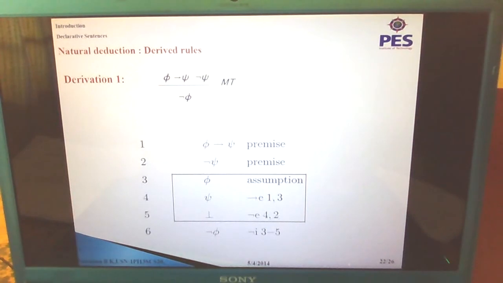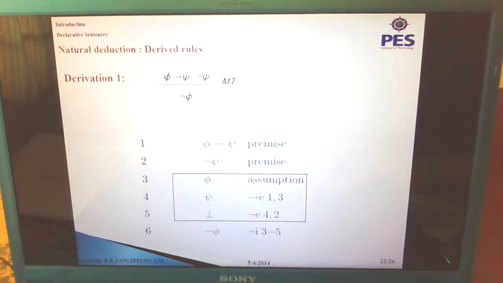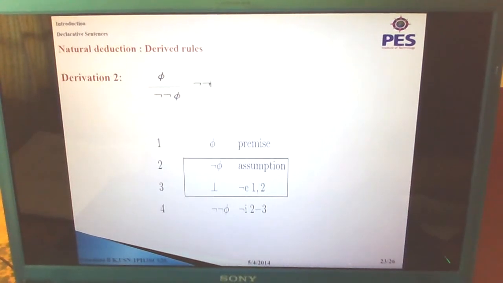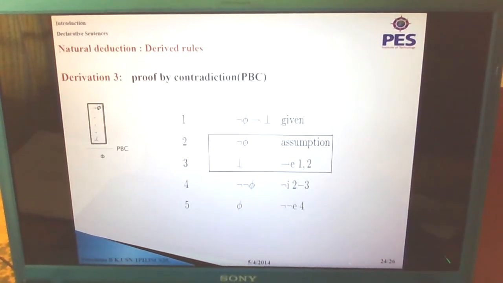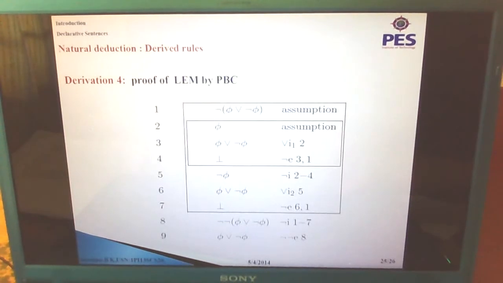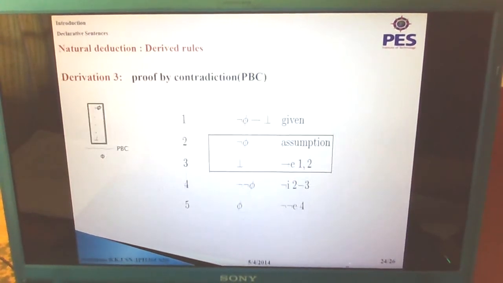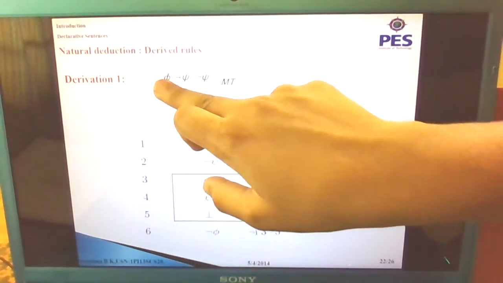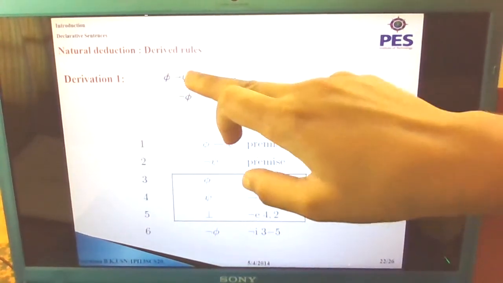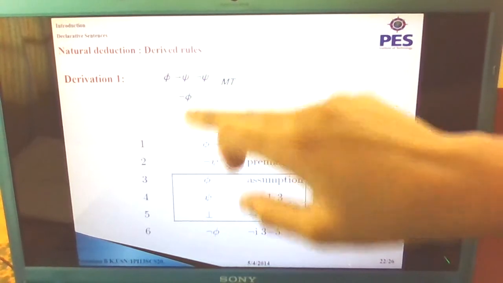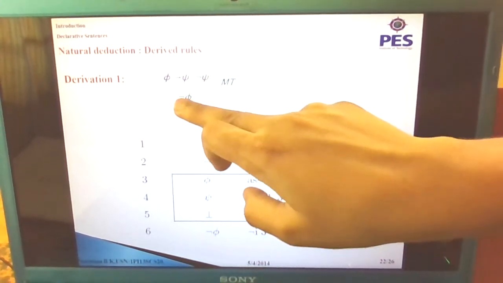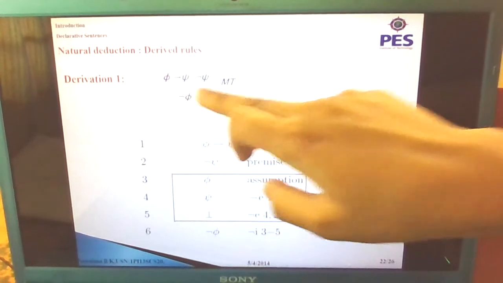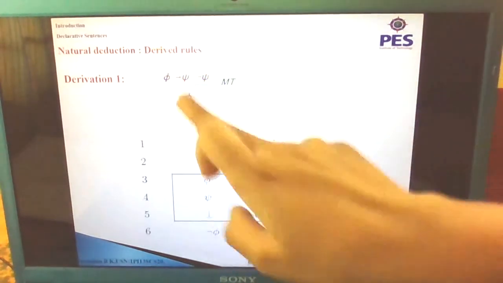Some derived rules we are considering in natural deduction are modus tollens, double negation introduction, proof by contradiction, and proof by LEM. In proof by contradiction, suppose we have phi giving rise to psi and negation of psi, we conclude that negation of phi is true by applying modus tollens.